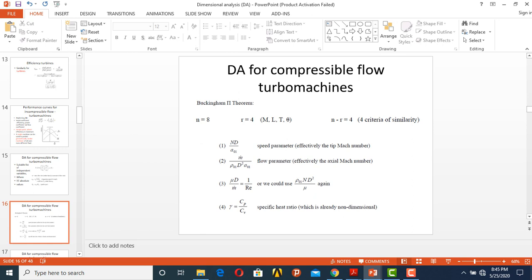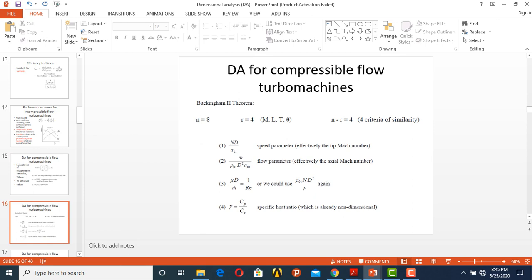The diameter is shown there to represent the machine property. The speed of sound is representing the flow property. So we're going to maneuver around these properties and come up with non-dimensional ratios for compressible flow.